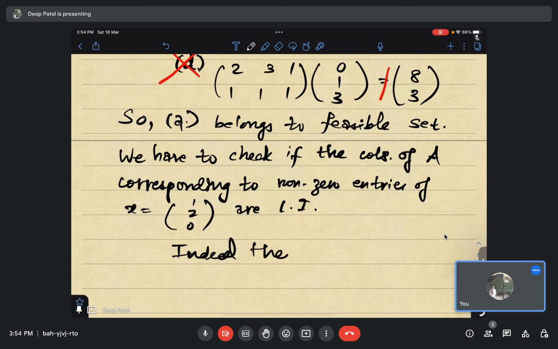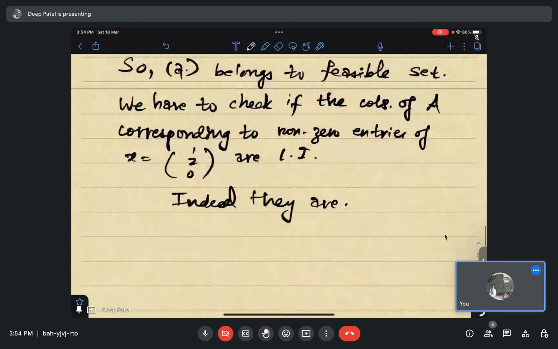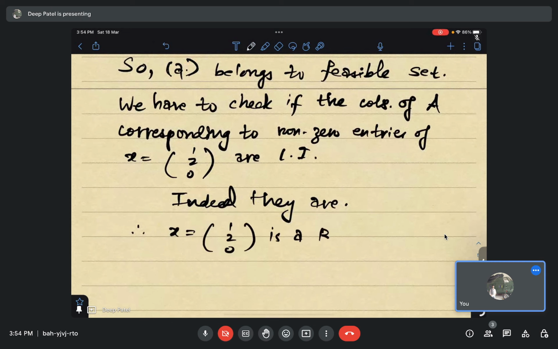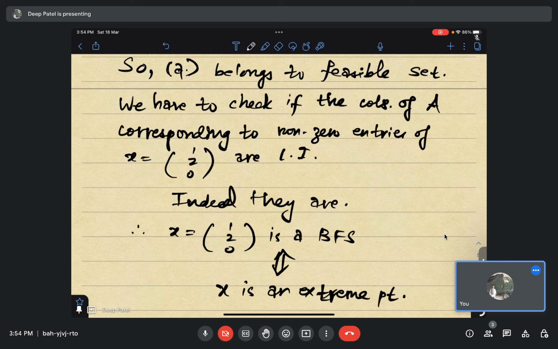Indeed they are. So what does this say? This is a BFS. So merely being feasible doesn't mean that it has to be a basic feasible solution.